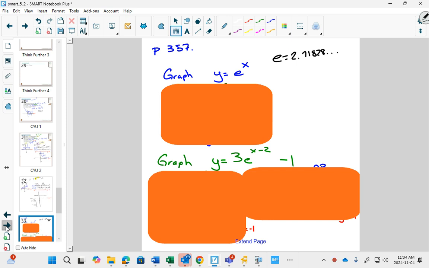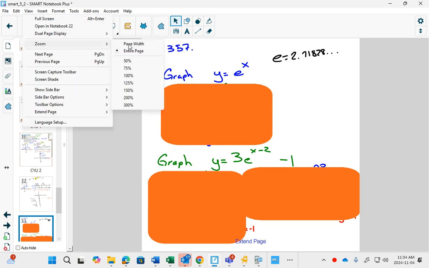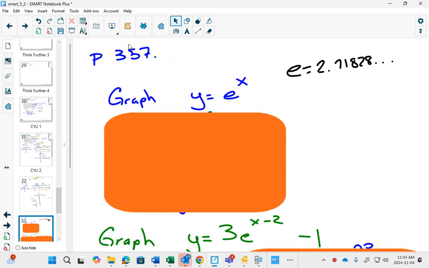Can you find the number e on your calculator? Can you get your calculator to tell you that e is 2.71828? And then we're going to graph e to the x.